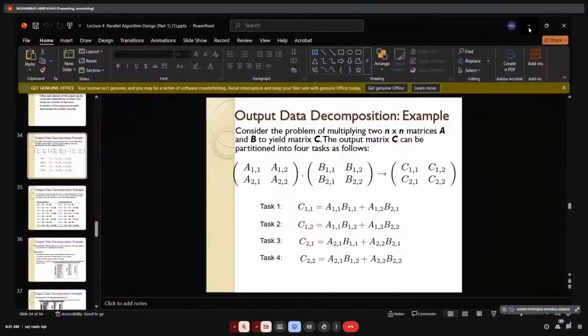We have to linger on this chapter till week 6. Understand?